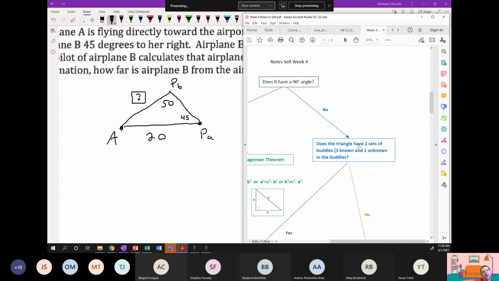Now, does the triangle have two sets of buddies with one unknown in the buddies? Yes or no? Do we have two sets of buddies there? Someone help out Farley here. Do we have two sets of buddies?